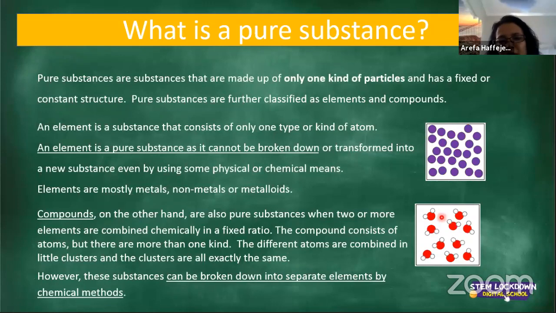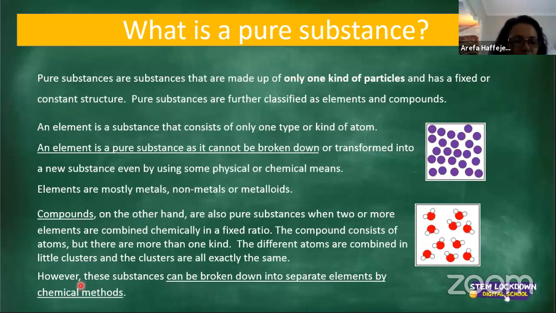Now all of them are in a fixed ratio, and the compound consists of atoms that are of one or more kind. Now different atoms are combined in little clusters, and these clusters are all exactly the same. So if you look at the picture on the right, all the molecules in here are basically all the same in a fixed ratio.